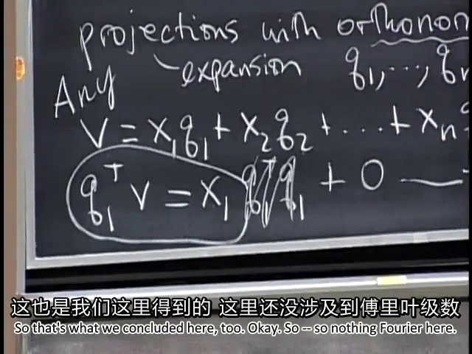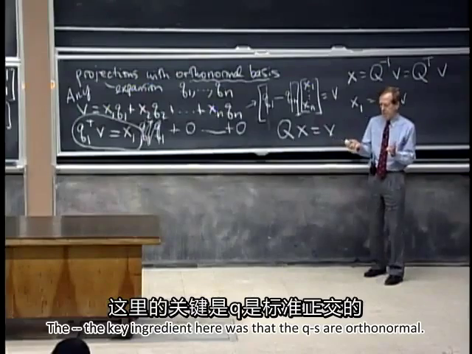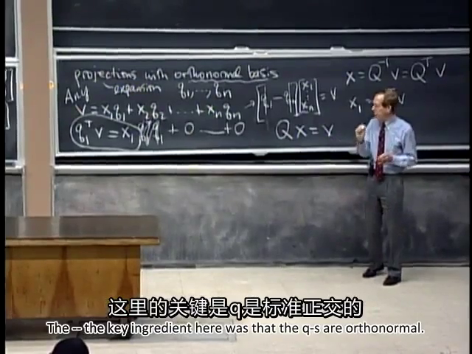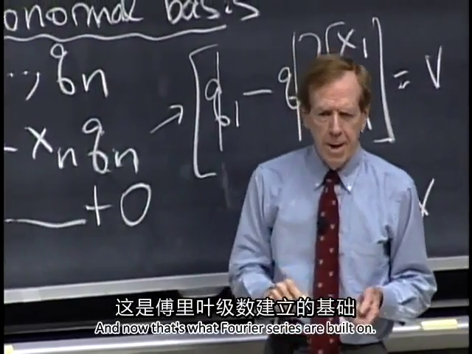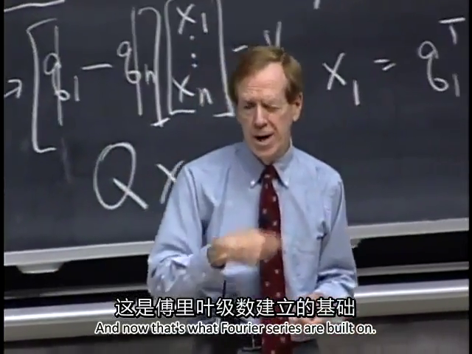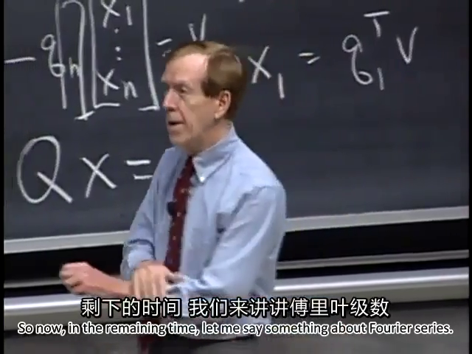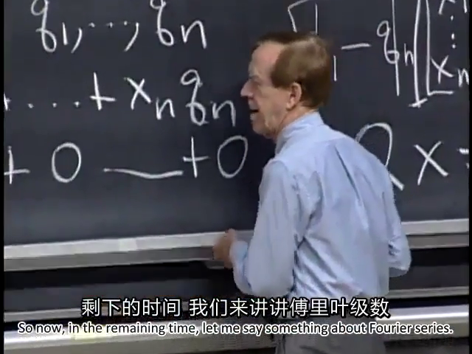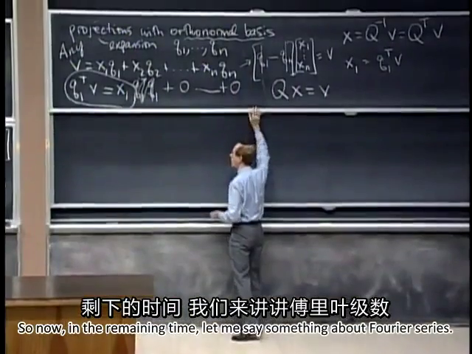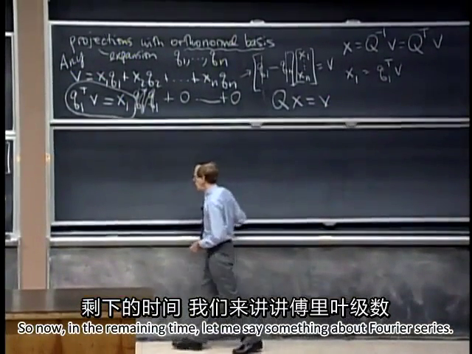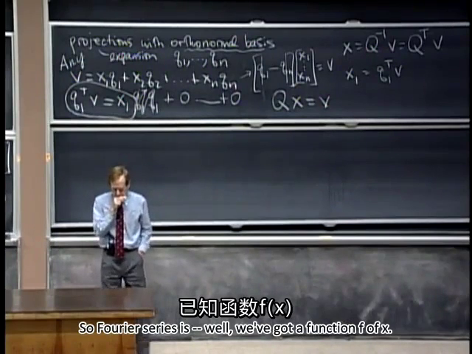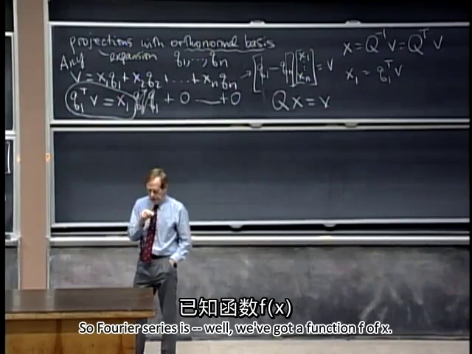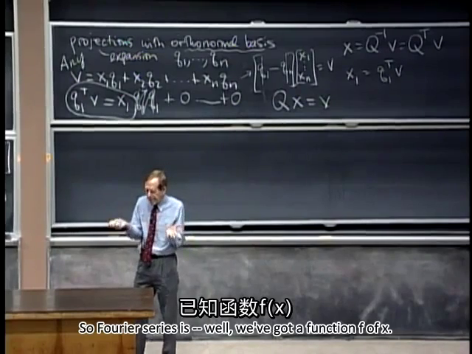Okay, so nothing Fourier here. The key ingredient here was that the q's are orthonormal. And now that's what Fourier series are built on. So now in the remaining time, let me say something about Fourier series. Okay, so Fourier series is, well, we've got functions.